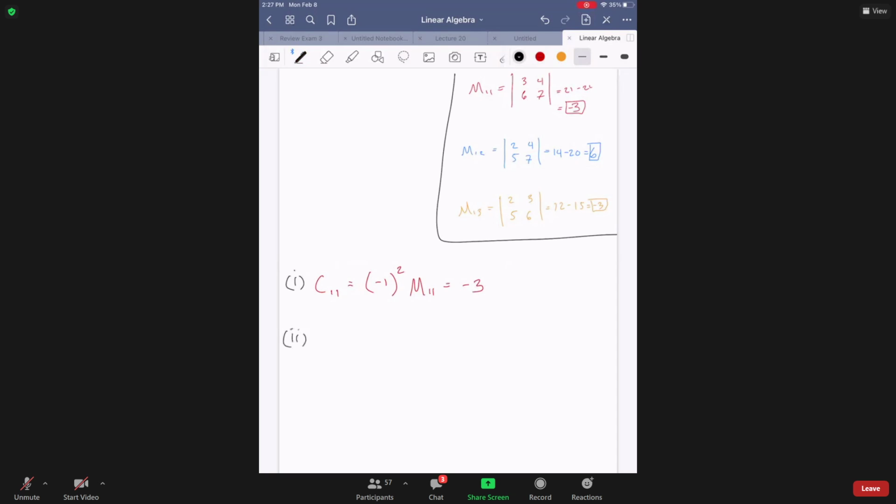Next, C12 is going to equal -1 to the 1 plus 2 power, which is 3, times M12, which is going to be, well, it's going to be -1 times the -6, so it's just going to be 6, -6.